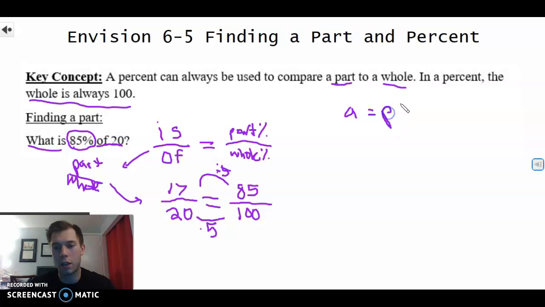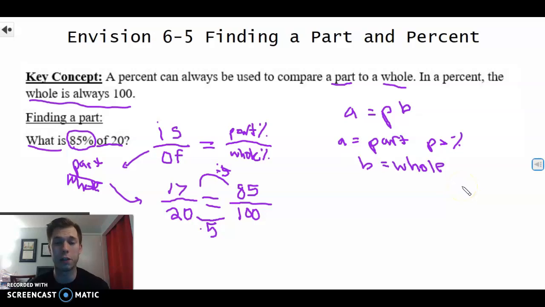A equals PB, where A is the part, P represents your percent, and B represents the whole. Using this equation, you have to have a pretty good understanding of what part and whole is.